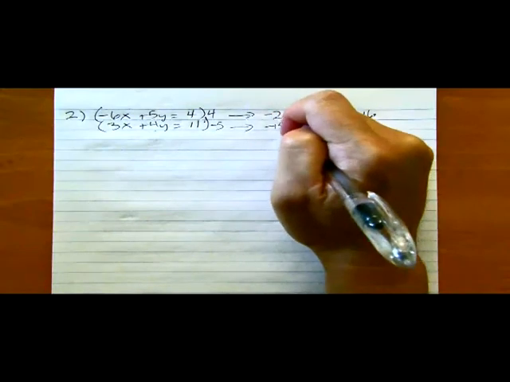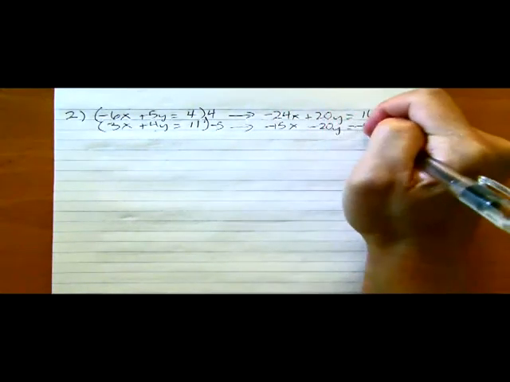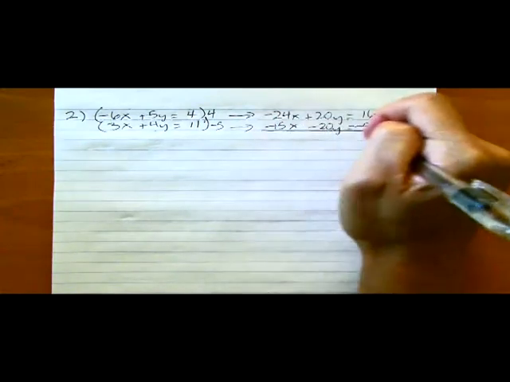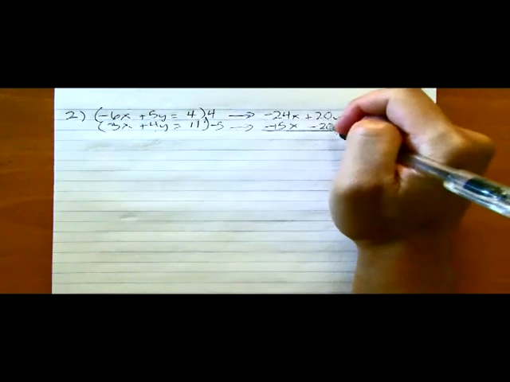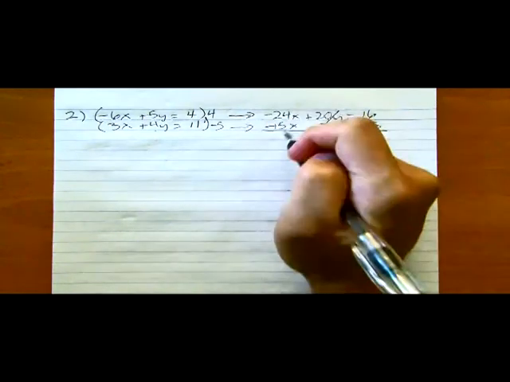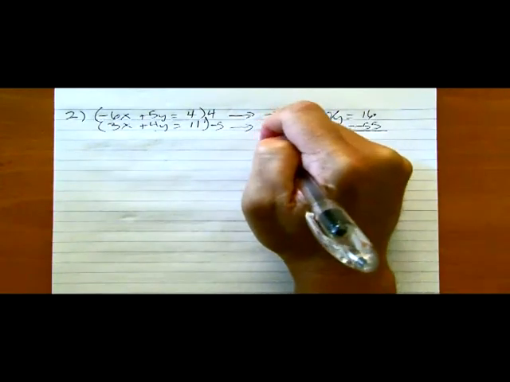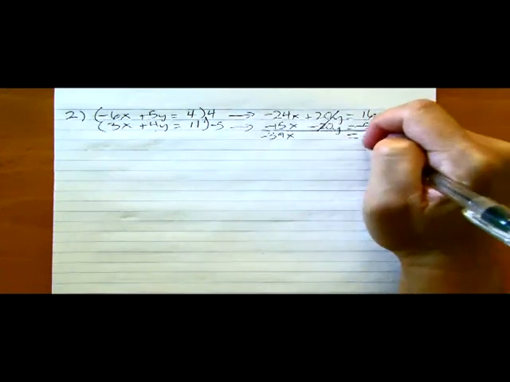So we multiply everything by negative 5. That'll give us a negative 15x, negative 20y equals negative 55. Now, if we add straight down in the columns, the y's will cancel. That'll leave us with just one variable. So if we add the remaining columns, this will add up to negative 39x, and on this side, negative 39.